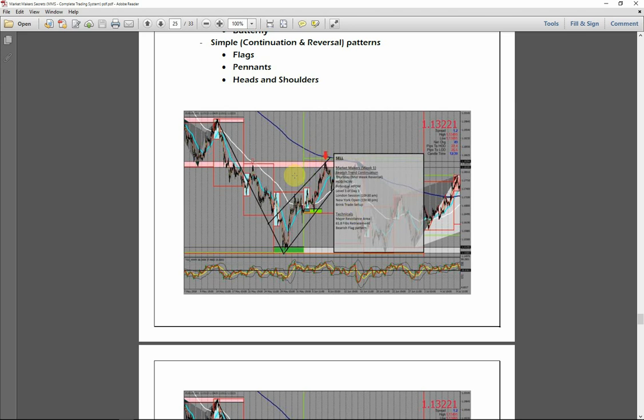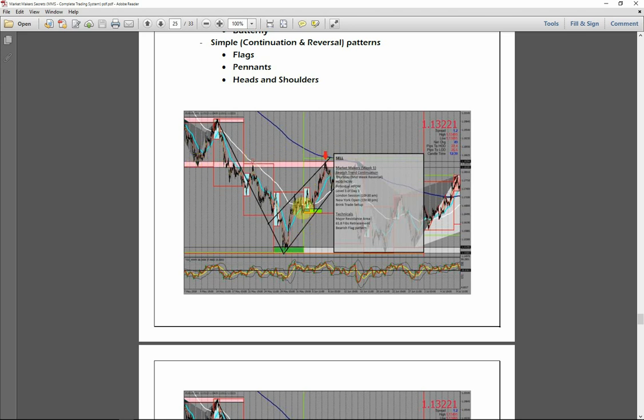So I already have two confluences on this setup, because there's a simple continuation pattern, not harmonic actually, that is on a previous major support and resistance area. It's retesting that high probability area, because this was support resistance.